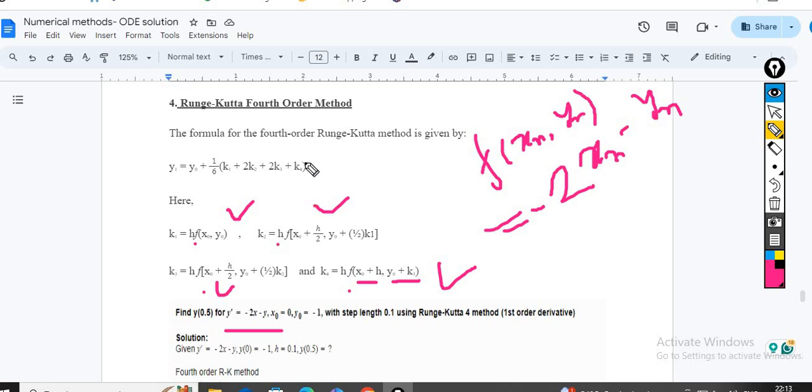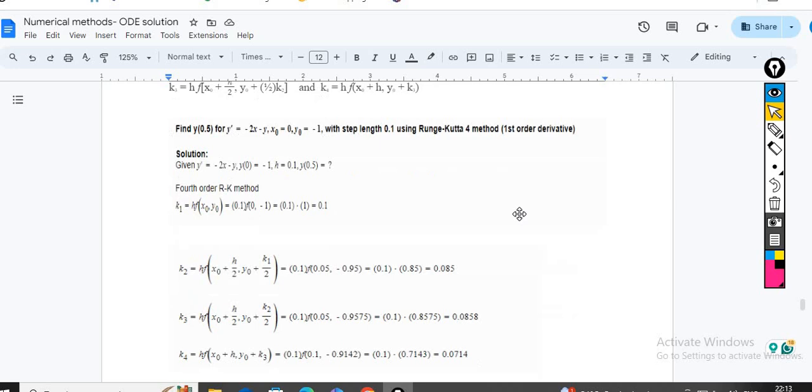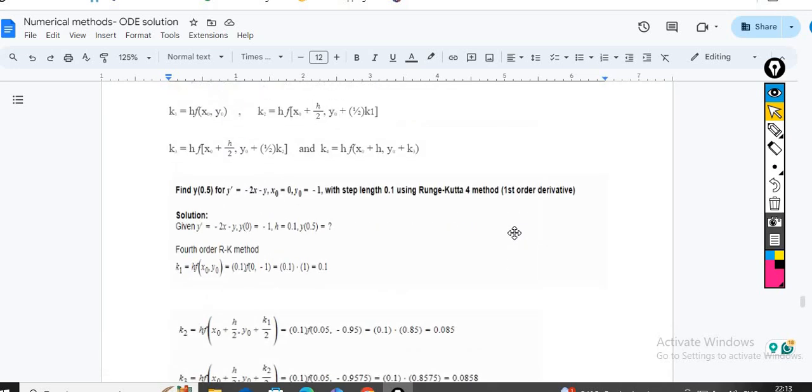Now we can put it back in this, multiplied with 1 by 6 and add it with the initial value of y, and you will get the final value of y1 from this. So these are the methods by which one can solve a simple one-dimensional differential equation.